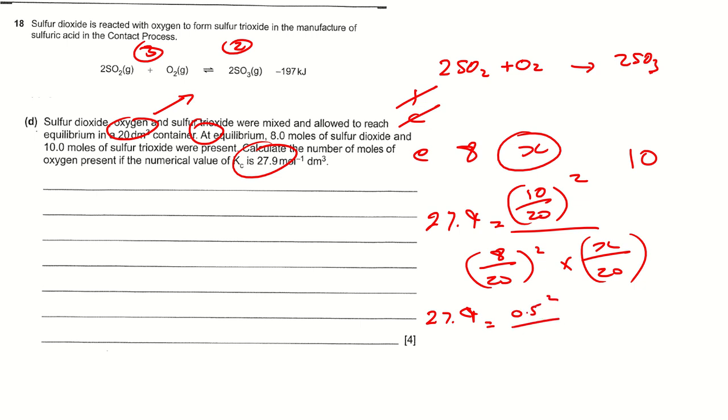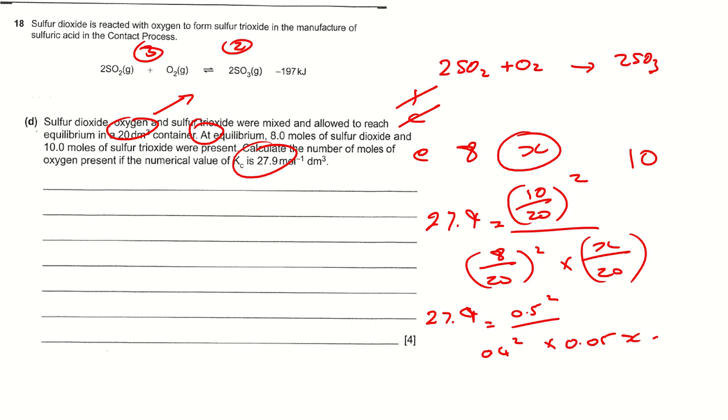Let me just do my bottom line, 8 divided by 20. So 8 divided by 20 is 0.4, that's going to be squared, and X over 20, I think that's 0.05, isn't it? Yeah, so that's 0.05x.